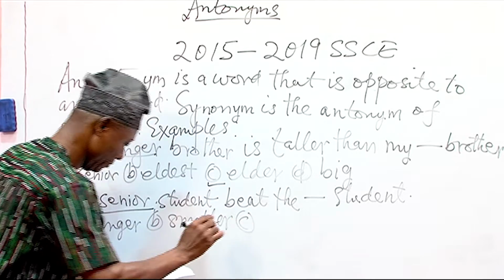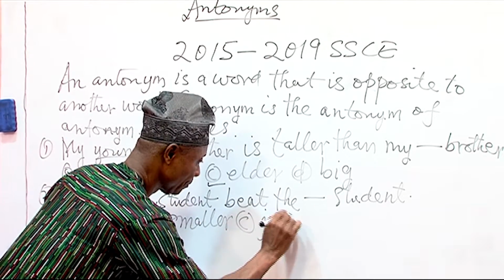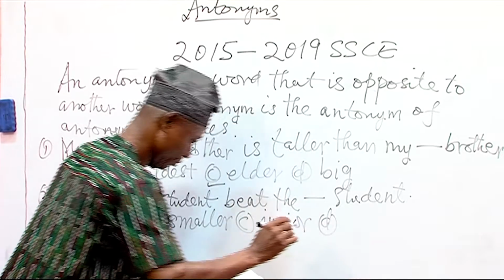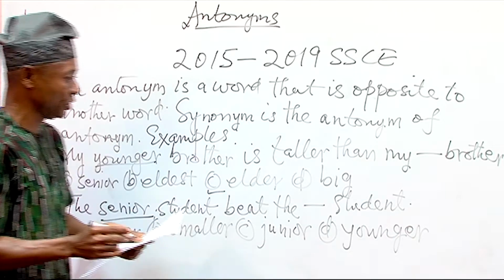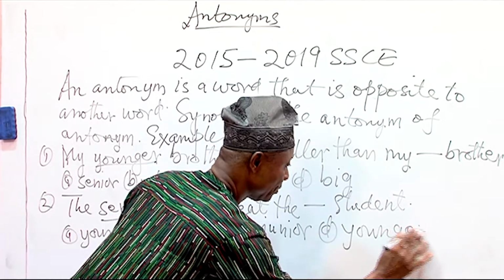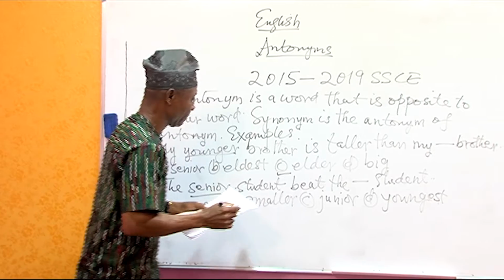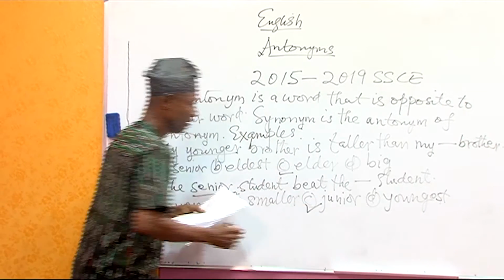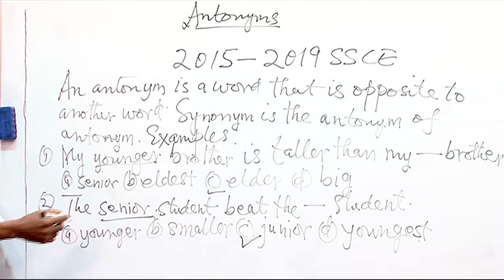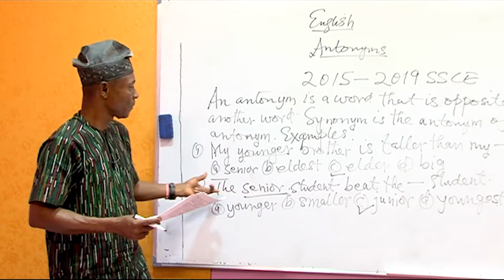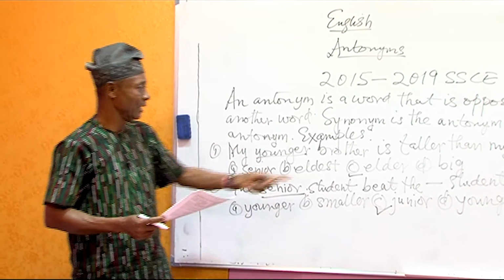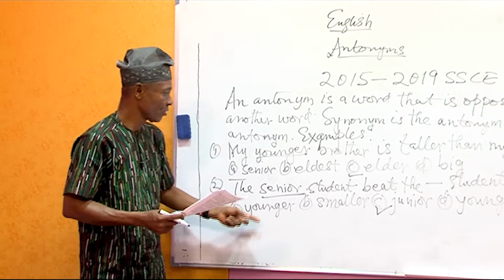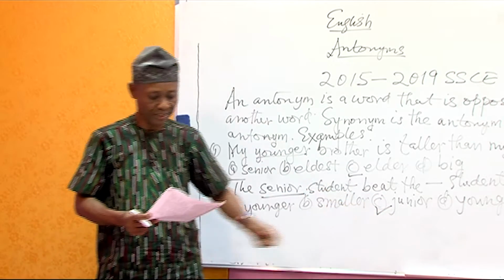C, junior. D, youngest. Going by position, we will find out that junior is the opposite of senior in this case. So candidates are advised to take note of when to use younger and elder, and of course senior and junior, please.